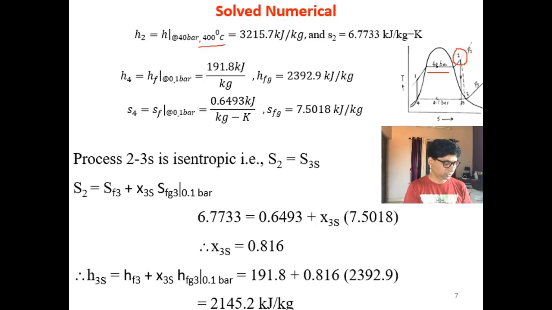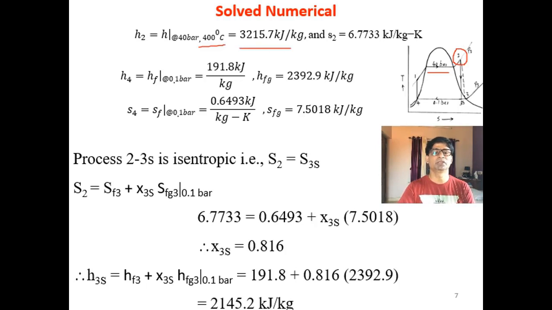At 40 bar the saturation temperature is 250.33 and the given temperature is 400 degrees Celsius, so it is superheated steam. Now go to table A3, page number 19. At 40 bar and 400 degrees Celsius, I'll read the values: enthalpy is 3215.7 and entropy is 6.7733. You just note down here.